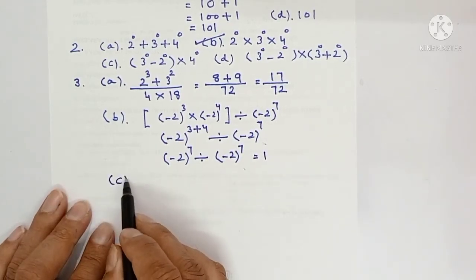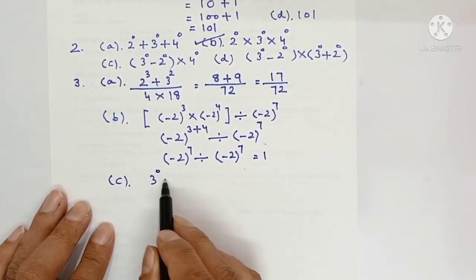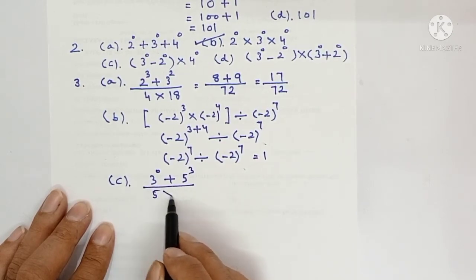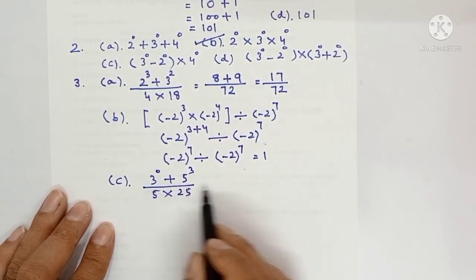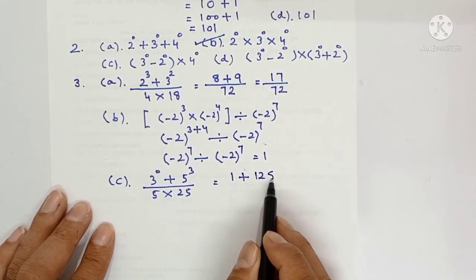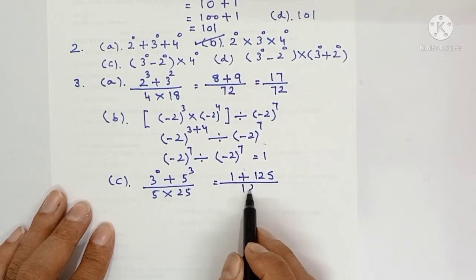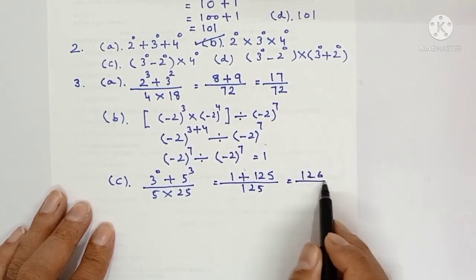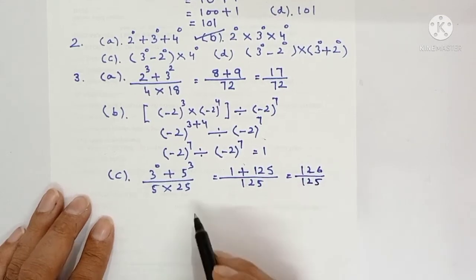C option I am checking. (3^0 plus 5^3) upon 5 into 25. 3^0 is 1. 5^3 is 125, upon 125. So it will be 126 upon 125.